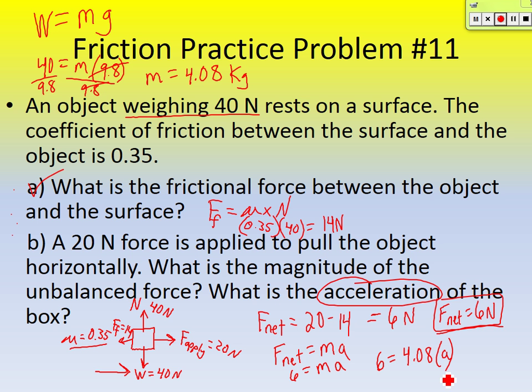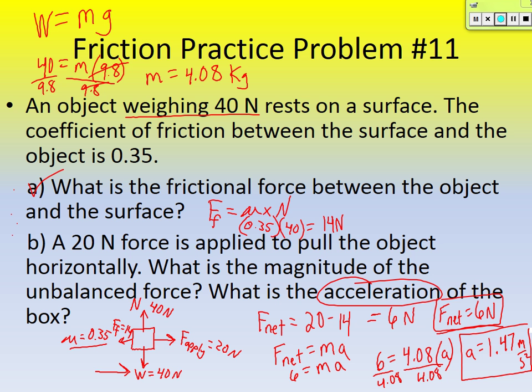Divide by 4.08. 6 divided by 4.08. What did you get, Cole? 1.47. That's exactly right. 1.47. And what's the units? Meters per second squared.